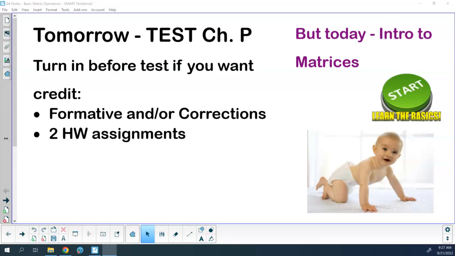Today, we're going to quickly learn the basics of matrices, because matrices is on the ACT, and it's in programming and things of that nature. We'll get more involved in matrices after tomorrow.